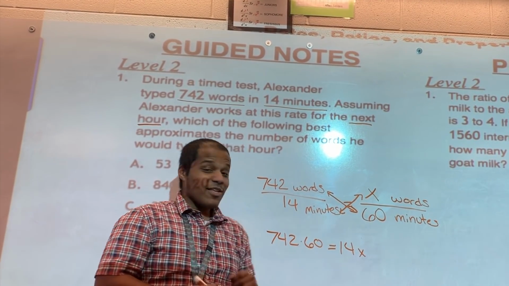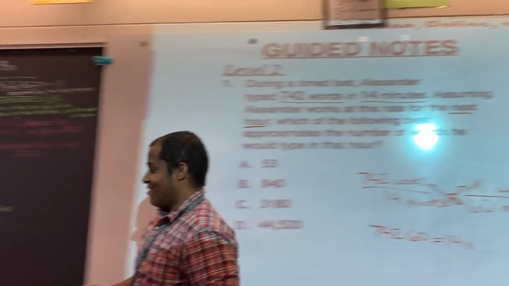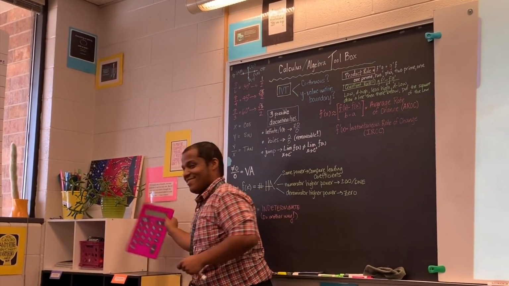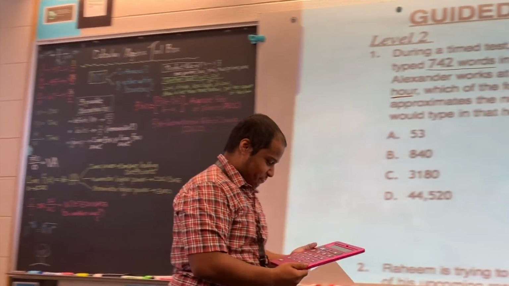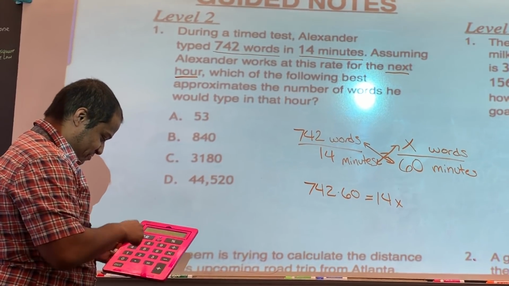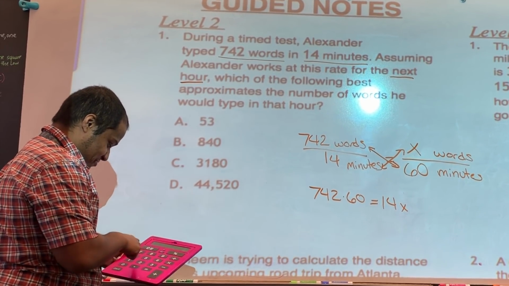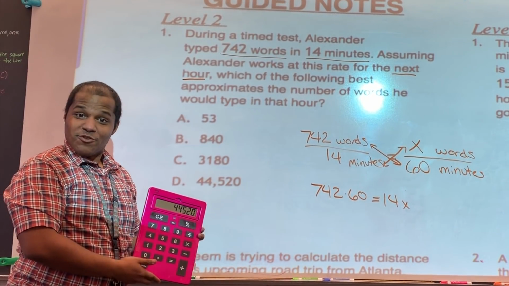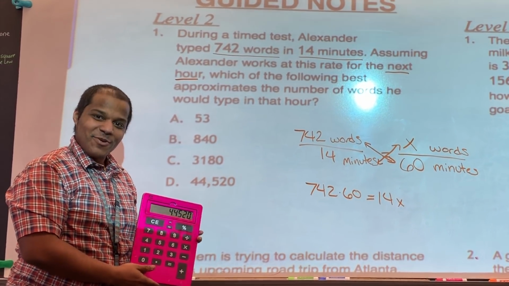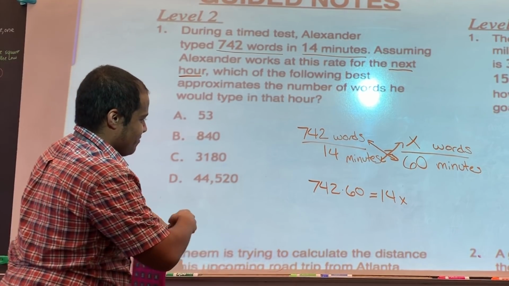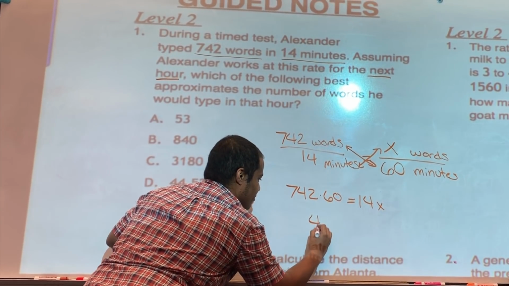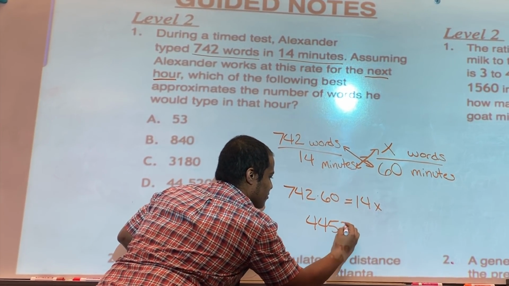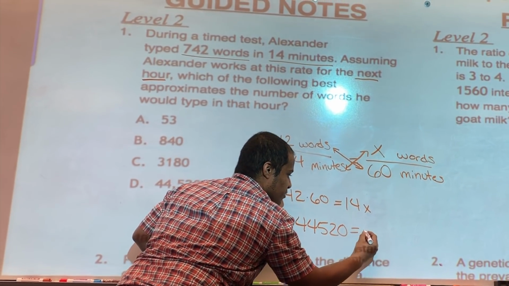Now, I'm going to calculate 742 times 60. I get 44,520. You probably can't see that, but that's okay. On the right side, I still have 14x.